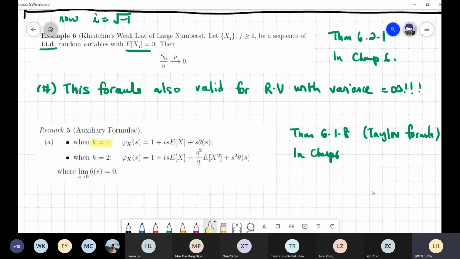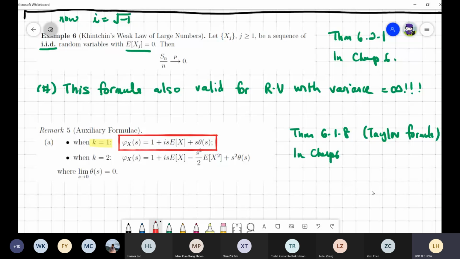Here, we only need to apply this formula with k equals 2. So what you need to do is refer to this formula. I use s over here instead of t. So the characteristic function can be expressed in this way.